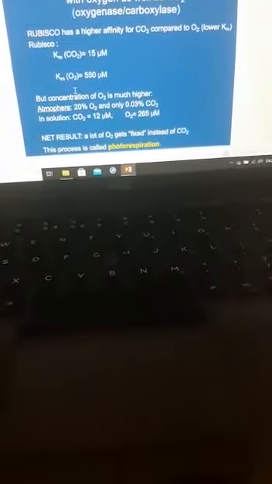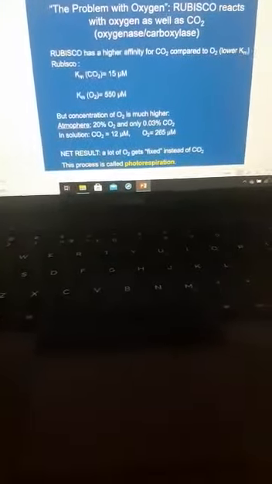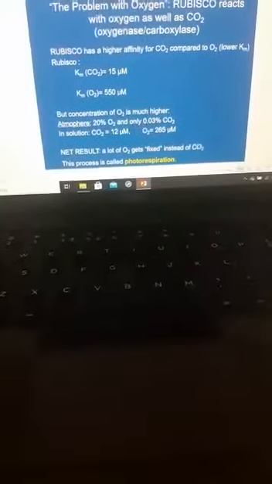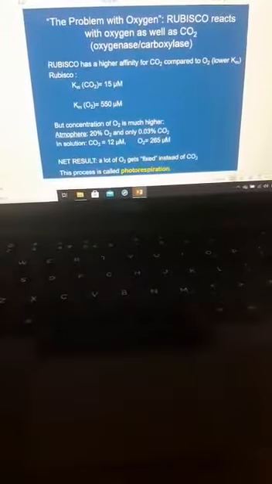So that is a problem. In a situation where you have more oxygen getting fixed instead of carbon dioxide, then you have photorespiration being exacerbated, increased, or favored as compared to photosynthesis.